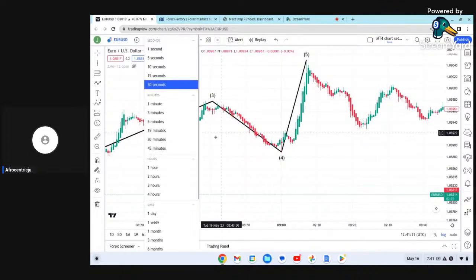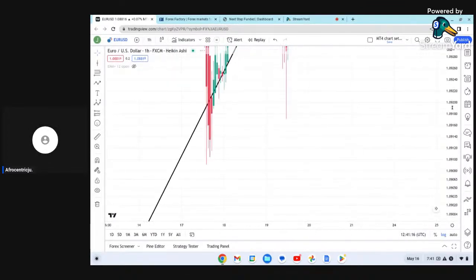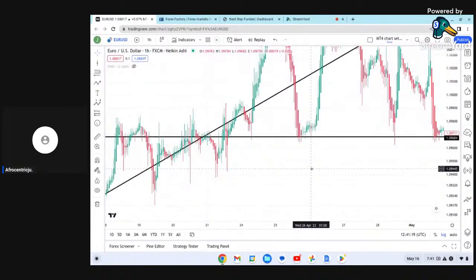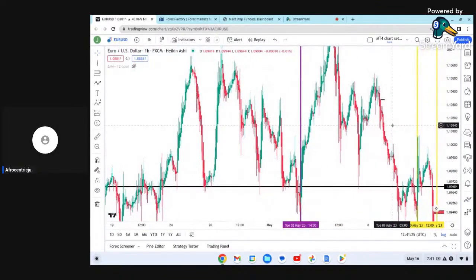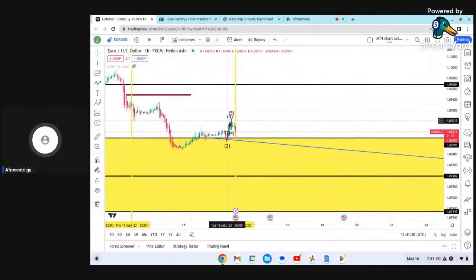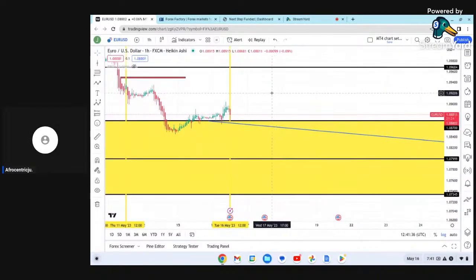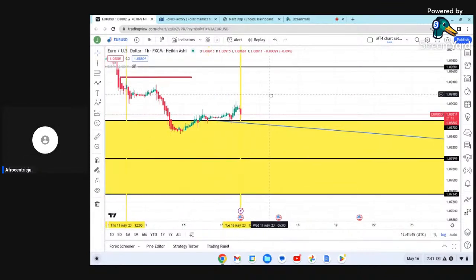But let me go to this 1 hour quick. Of course, like I said, you want to highlight that news candle because that's one of the most important things. And like I said, I'm wanting to see this drop into this box.